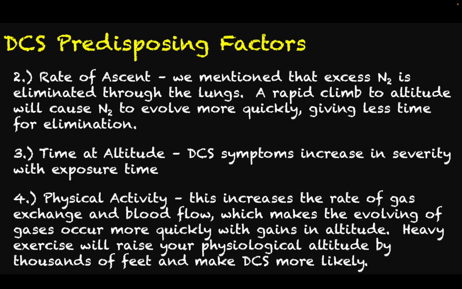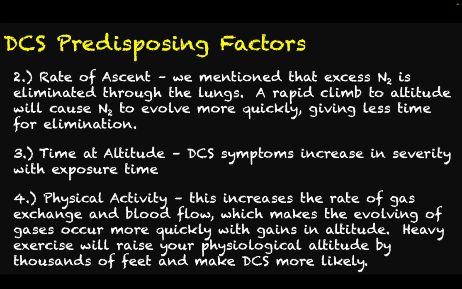And then something similar to what we saw with hypoxia, which is that physical activity is also a predisposing factor. With hypoxia, increased physical fitness and activity increases your body's demand for oxygen, so it makes your hypoxia symptoms all the more severe when they occur because your body just naturally requires more oxygen. In this case, it's a slightly different issue. Physical activity will increase the rate of gas exchange and quicken the flow of blood throughout your body, which makes the evolving of gases occur more quickly with gains in altitude.